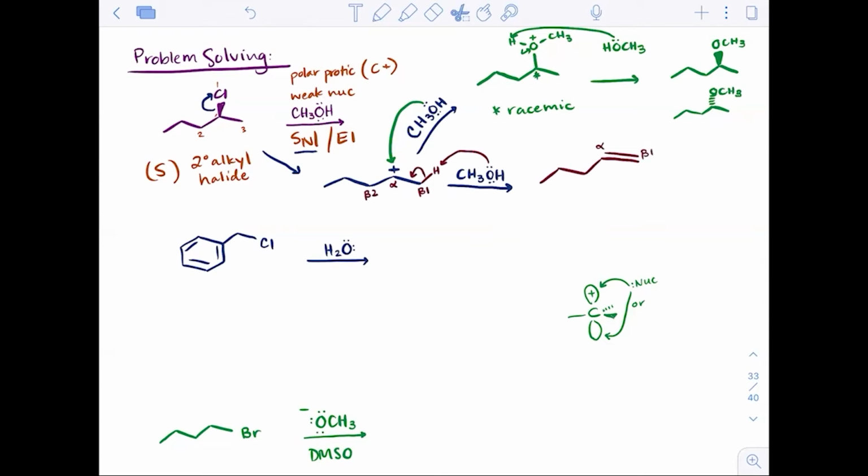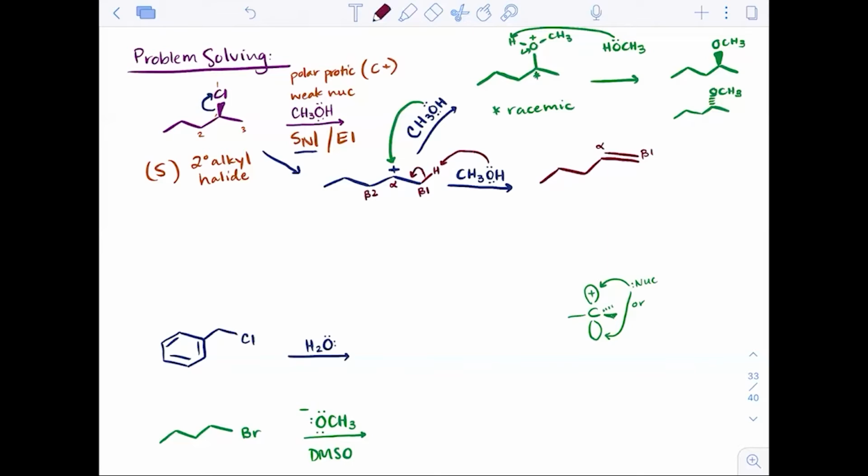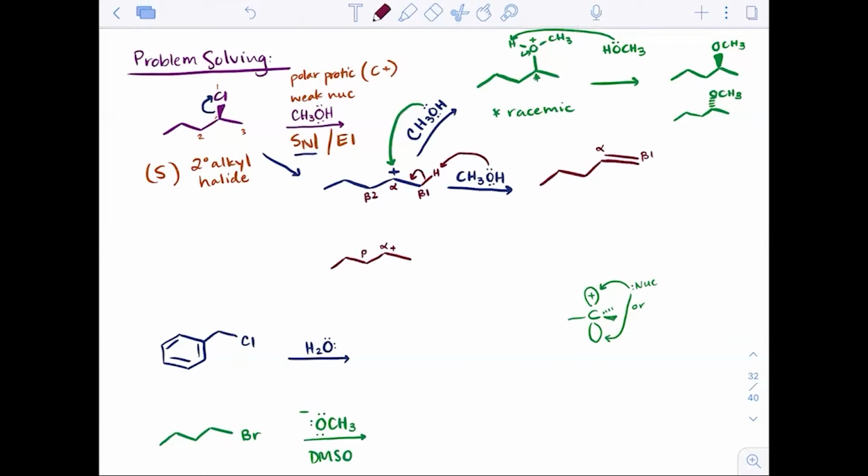I'm going to redraw. Let's just move some of these down for us. I'm going to redraw alpha with the carbocation, beta 2 with the hydrogen, put both of them on there. But again, it doesn't matter which one you pick off anymore.